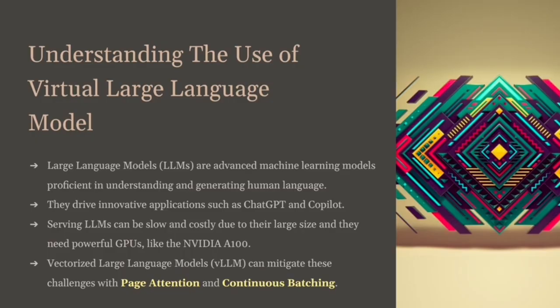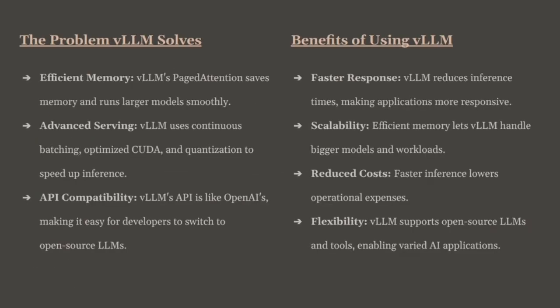Serving these LLMs can be slow and expensive because they are very large and require more powerful GPUs like NVIDIA A100 to run efficiently. So that's where vLLM comes in. Vectorized LLM solves this problem by using techniques like page attention and continuous batching, which makes the process much faster and more memory efficient. Let's look at the problem vLLM solves and the benefits of using it.